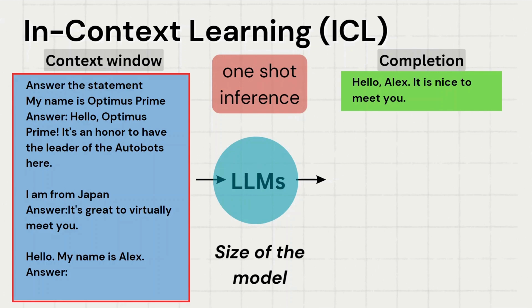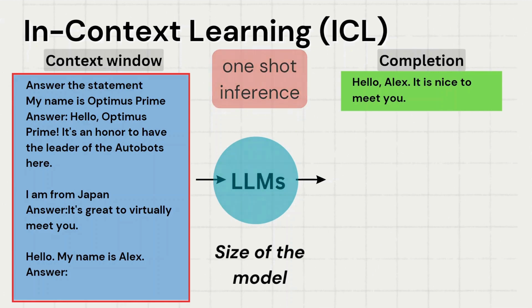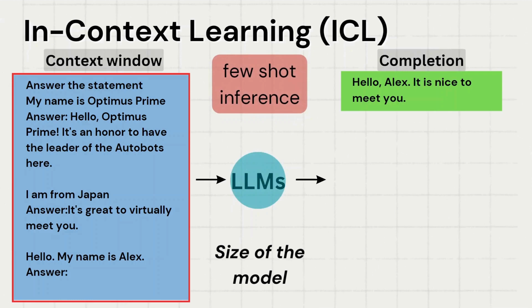However, if your model is trained on very little data, then it may be the case that even after providing a few examples, it may not be able to predict the correct outcomes. So, the number of examples that you need to provide in the context window is inversely proportional to the size of the LLM or the size of the training dataset on which it is trained.